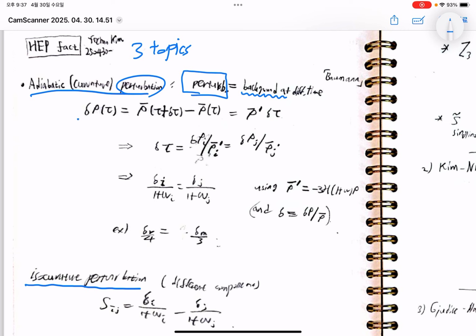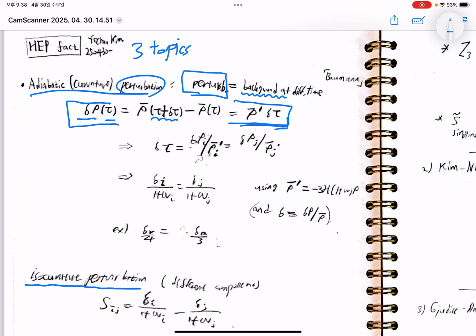So delta rho at tau is the same as rho bar background density minus rho bar with the difference of the time. This can be written by rho bar prime delta t, where the prime represents the conformal time derivative. So this is the definition of the adiabatic perturbation.